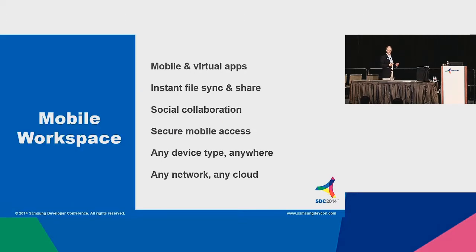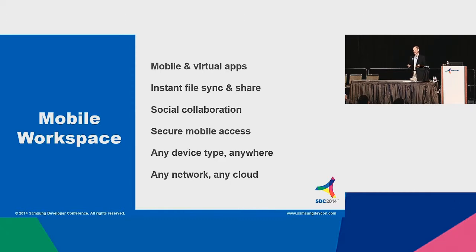So to provide a mobile workplace, however, it's more than just a secure mobile app. It's about both native mobile as well as virtual applications. It's about file sharing, file encryption and storage, cloud storage.